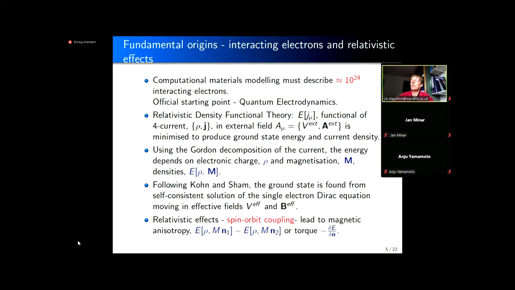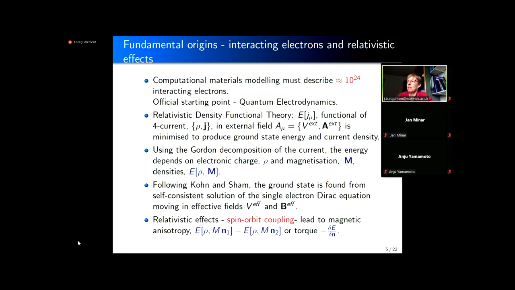Now, in the early days of density functional theory, back in the 70s and 80s, not long after Hohenberg, Kohn and Sham developed their density functional theory, people thought about generalizing it to include relativistic effects, and there were seminal papers by Rajagopal, Alan MacDonald, Vosko, and other people who developed this approach.